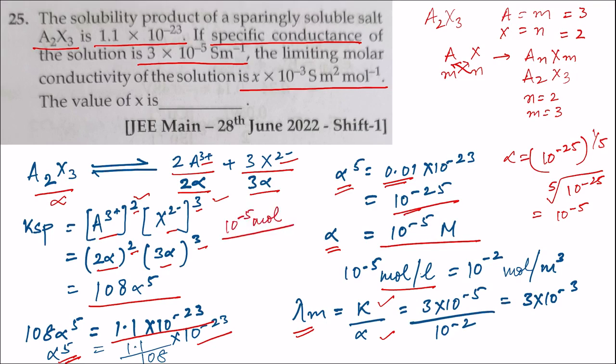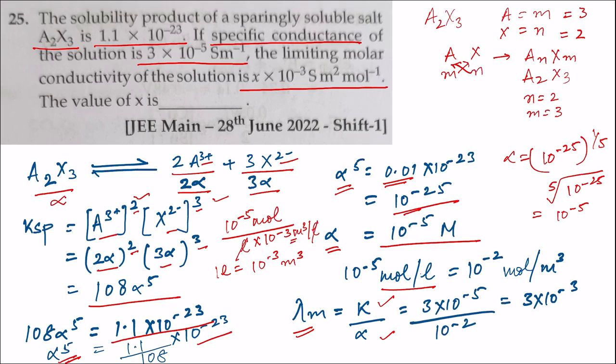10 to the power minus 5 mole per liter can be written as 10 to the power minus 5 mole, and in the denominator it is liter. Now 1 liter is equal to 10 to the power minus 3 meter cube. So to convert liter into meter cube, just multiply by the conversion factor 10 to the power minus 3 meter cube per liter, meaning 1 liter is equal to 10 to the power minus 3 meter cube.